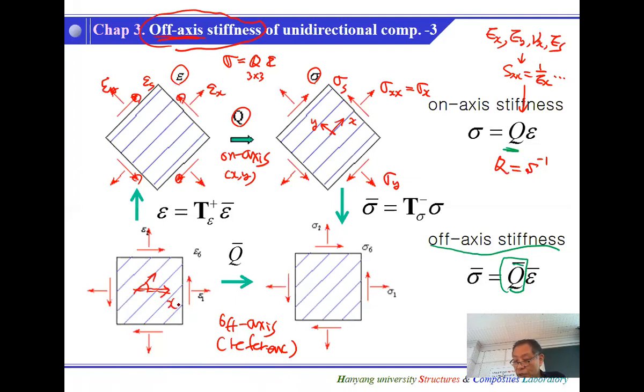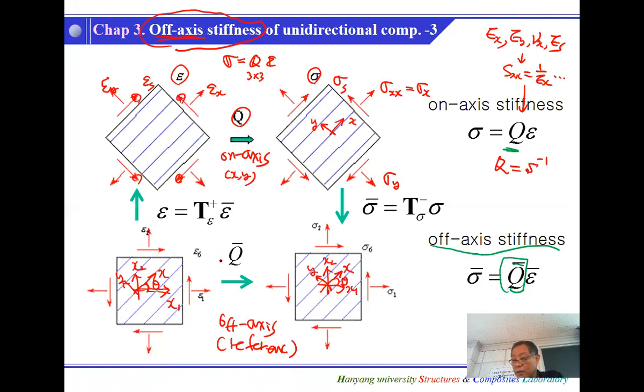For off-axis we use x1 and x2, and this is x, and this is y. Now we have an angle, theta, an arbitrary angle. So on-axis is the axis rotated from the reference or off-axis by theta.